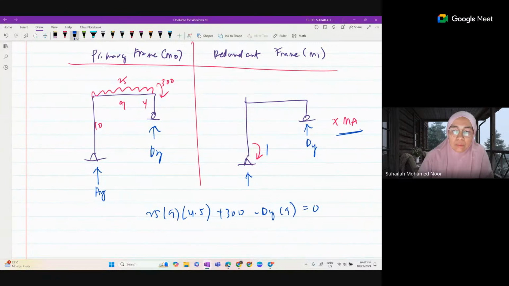What is the value for DY? Get DY first by taking moment at A equal to 0. What is the DY value?